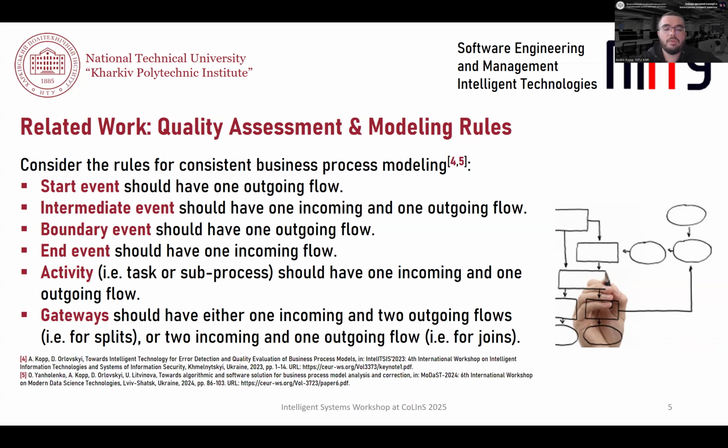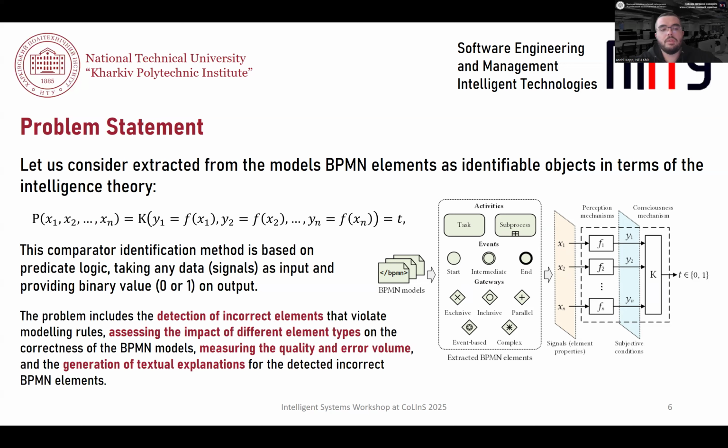And based on these findings, we have formulated the problem statement. Let's consider extracted elements from BPMN models as identifiable objects in terms of the intelligence theory. We use the comparator identification method, which is based on predicate logic, and taking any data or signals as input while providing binary values, zeros or ones on output.